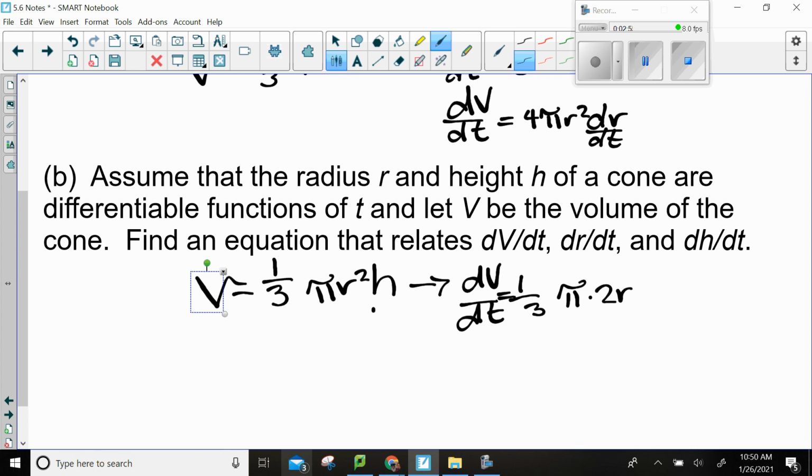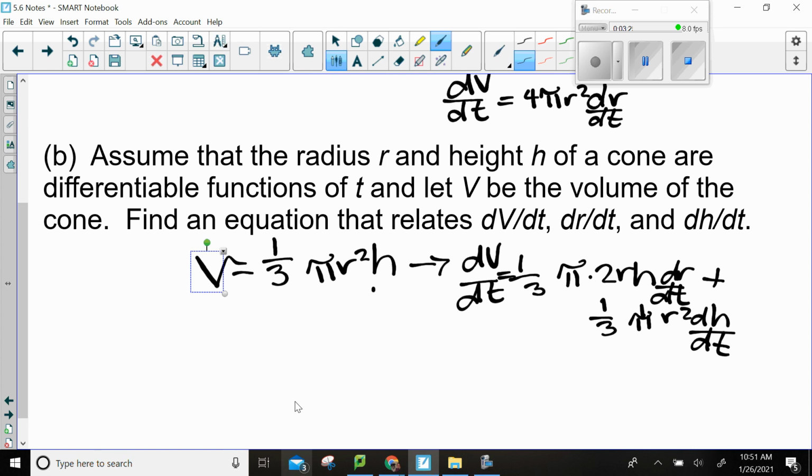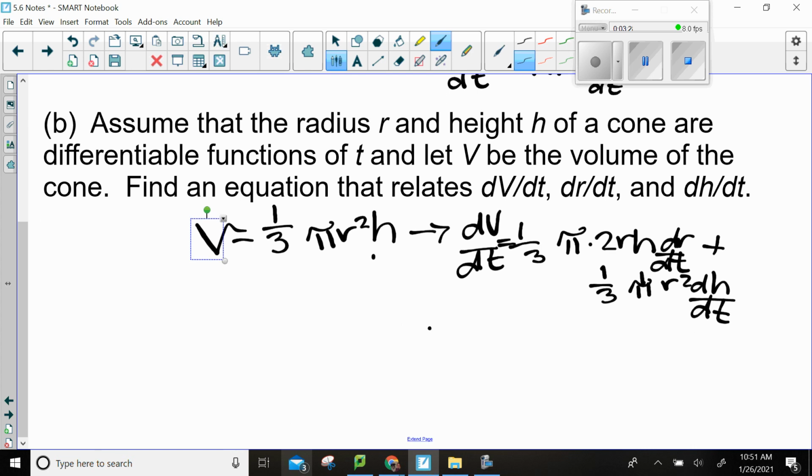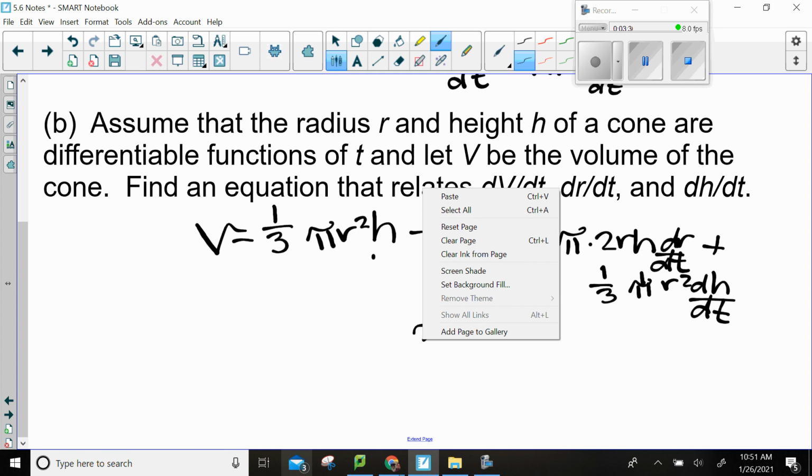I'm going to bring the 2 down and leave h, because I'm not finding the derivative of h yet; I have to use the product rule. And then I have 1/3 pi r squared dh/dt.